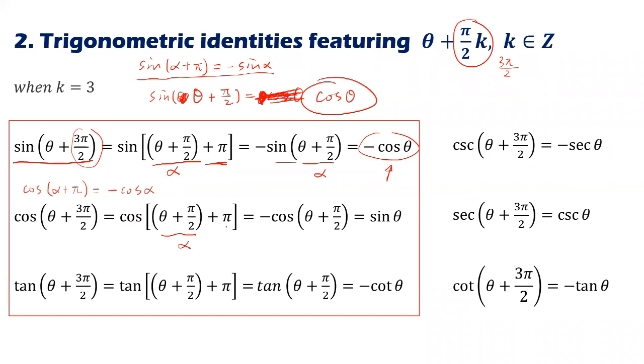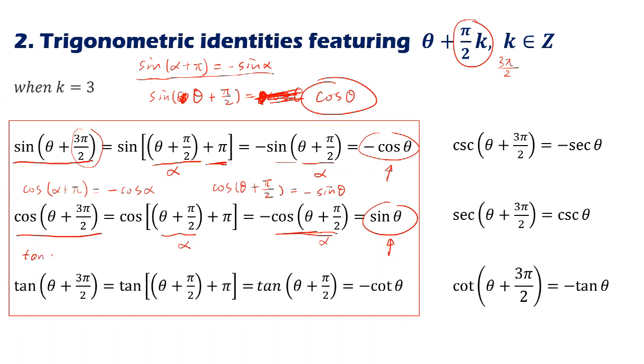And we have already proved that cosine of theta plus half pi equals minus sine theta. So we use this formula and input the result here. Minus minus gives a positive, so positive sine theta. In this way, we have proved that cosine of theta plus 3 pi over 2 is sine theta. Okay, so now let's consider tangent of theta plus 3 pi over 2.